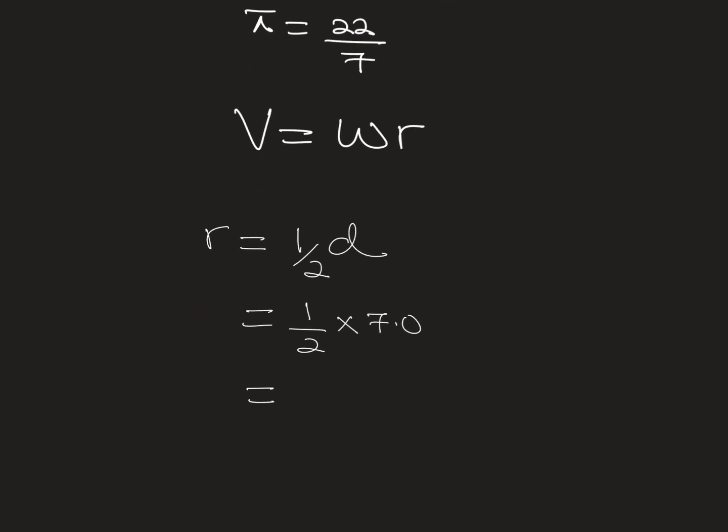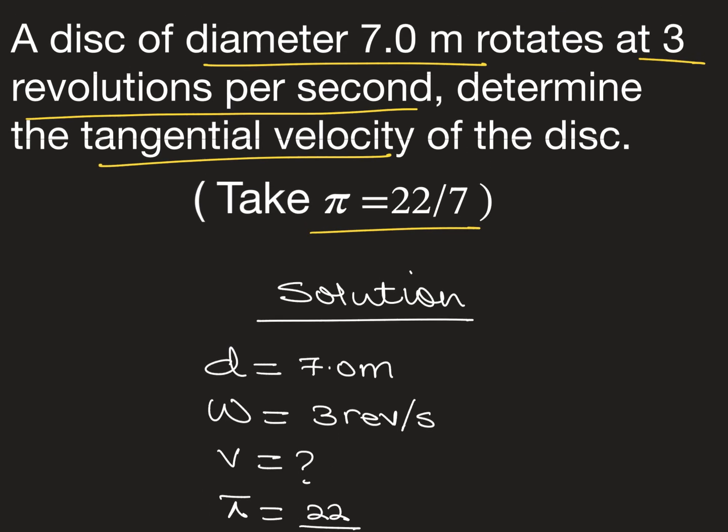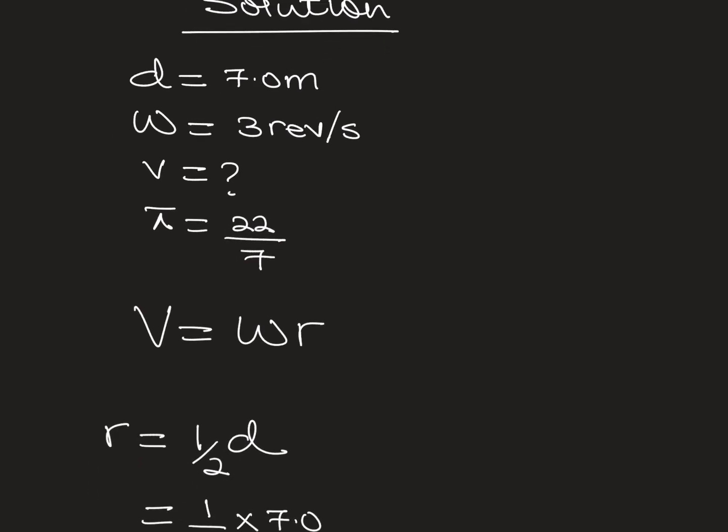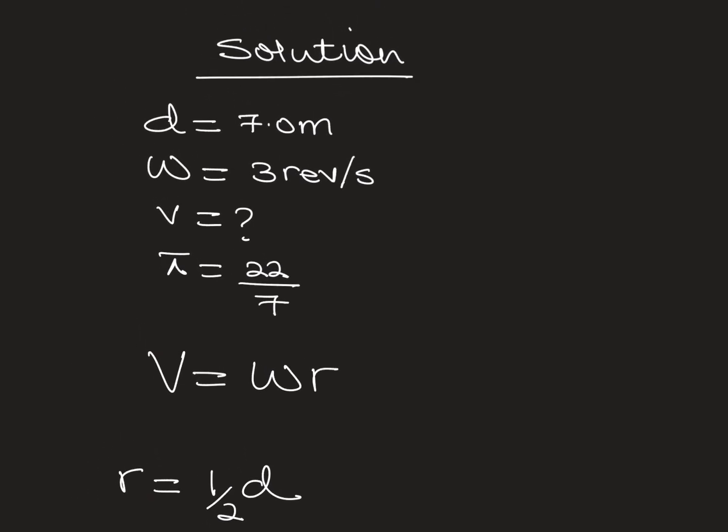So half of 7.0 is 3.5 meters. So we are able to find the radius. But how do we solve the problem of the angular velocity that is in revolutions per second and we want to convert it to radians per second?